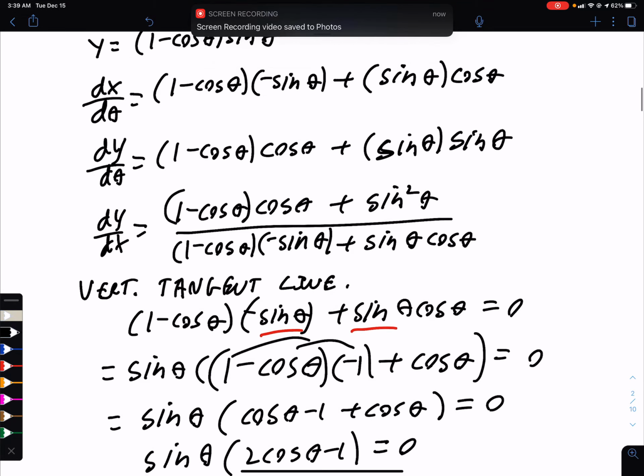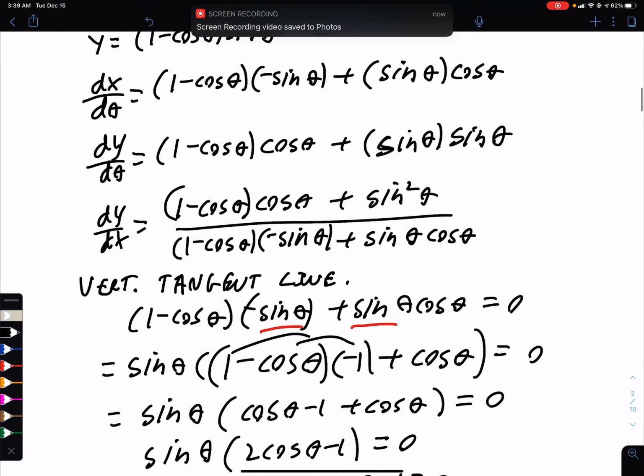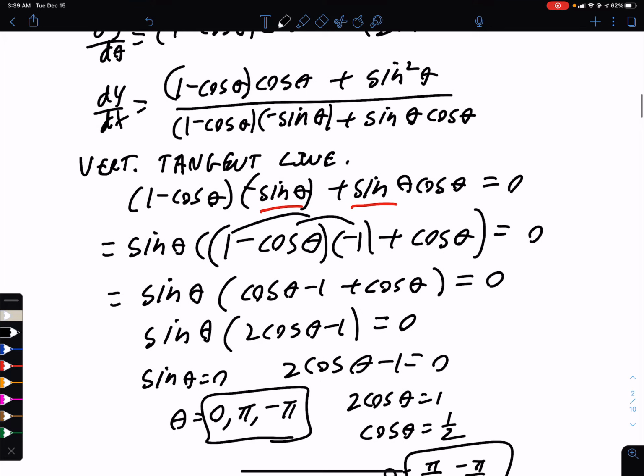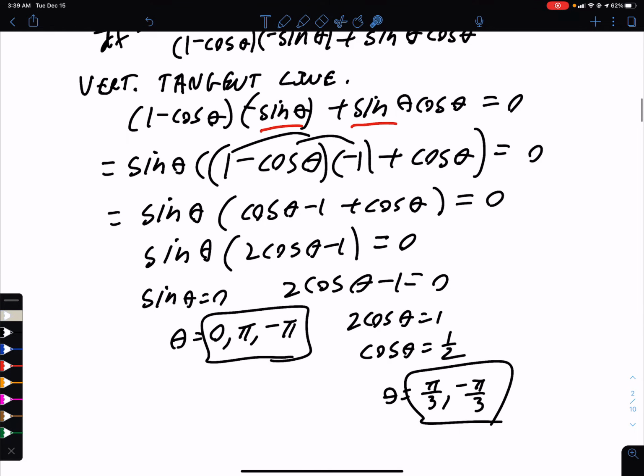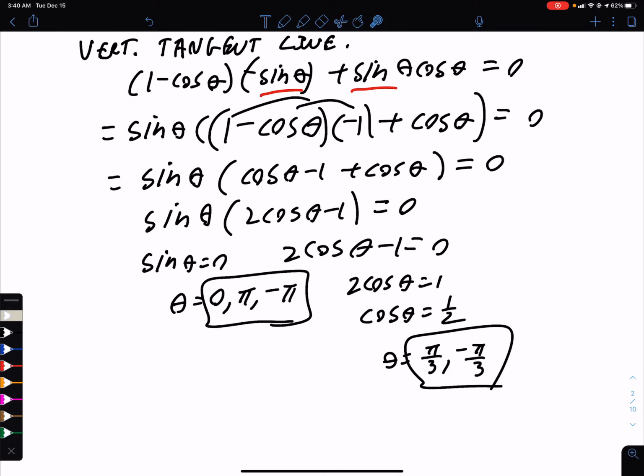So one thing I'd have to watch out for is when the denominator is 0 and the numerator is 0, then I have a different situation. I no longer have a vertical tangent line. So we had one angle where that occurred. That's going to be 0.